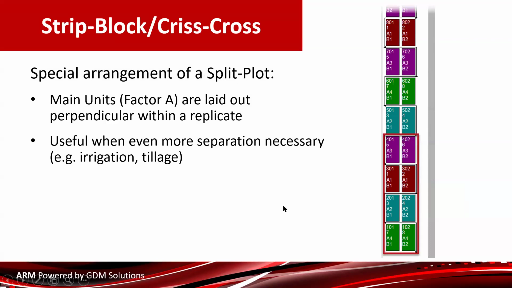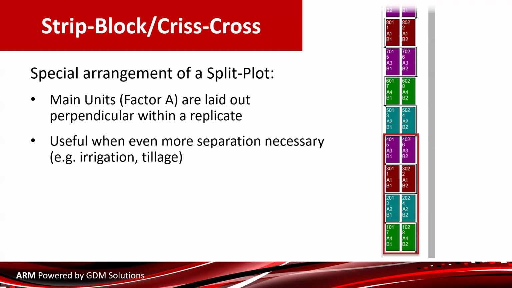And then finally, the last one in this list is the strip block, or also known as crisscross. And we're kind of building on that split plot idea. This is a special type of split plot where we need even more separation than just what we saw there in the previous screen.